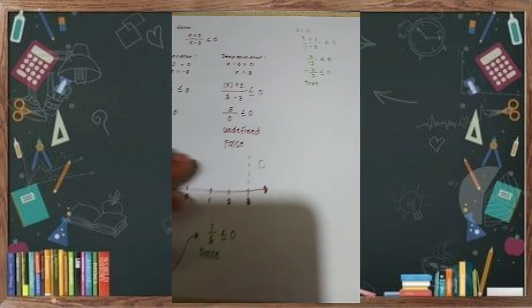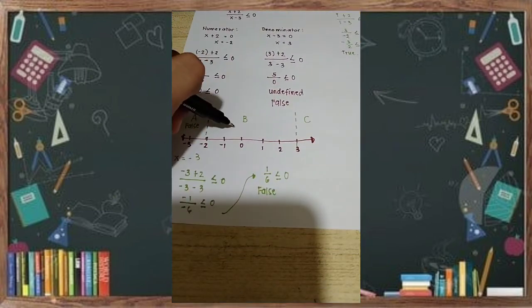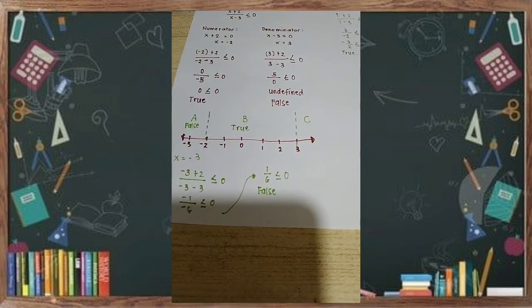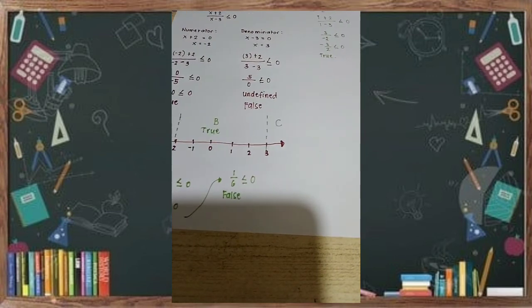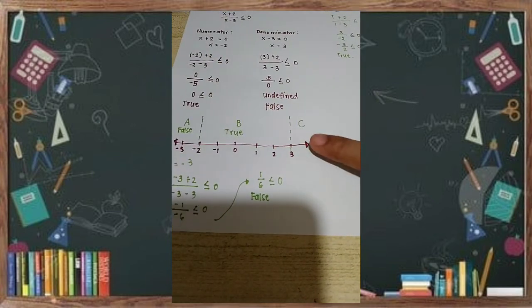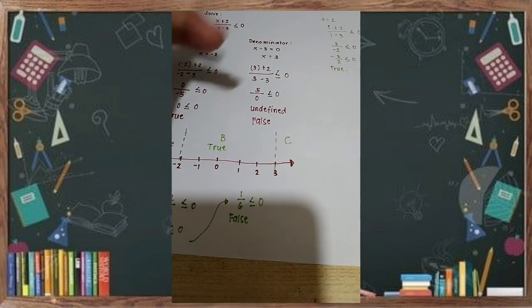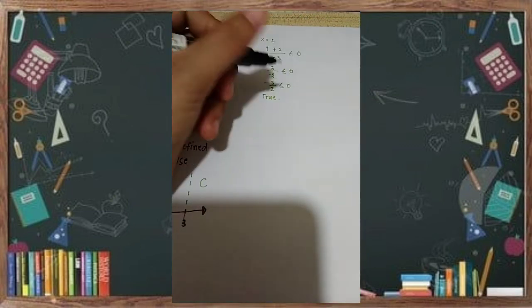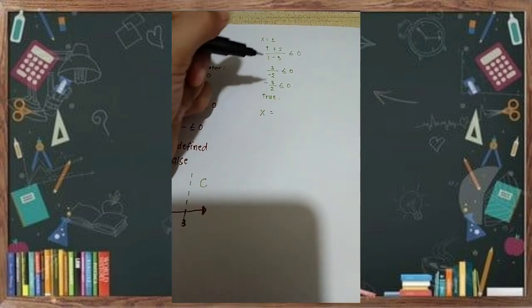Okay? So, lagyan na natin dito ng true. Okay? Next. Kuha naman tayo ng mga numbers sa kanan ng positive 3. Okay? So, yun ay pwede natin kuhanin yung mas malapit sa kanya, which is x equals to 4. Then, substitute natin.